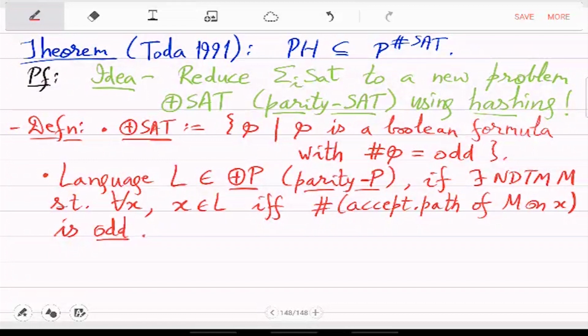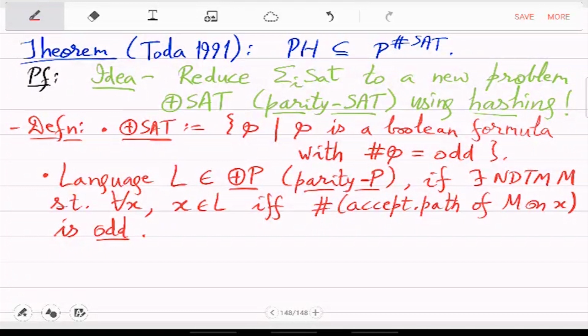Okay, so parity P is the class of those. It is a weaker version of, you could say, sharp P, where we are not interested in exact counting, but only the value mod 2, right? So whether it's odd or even.